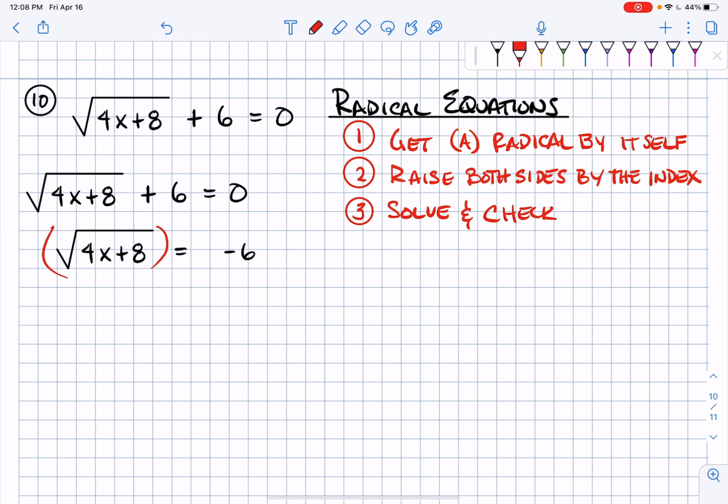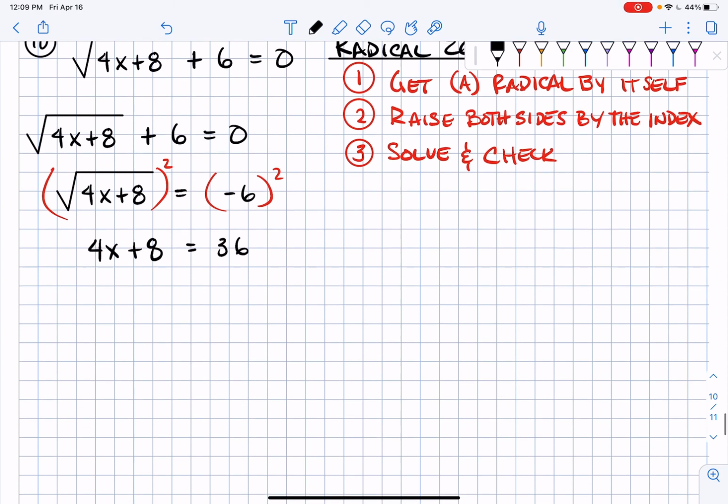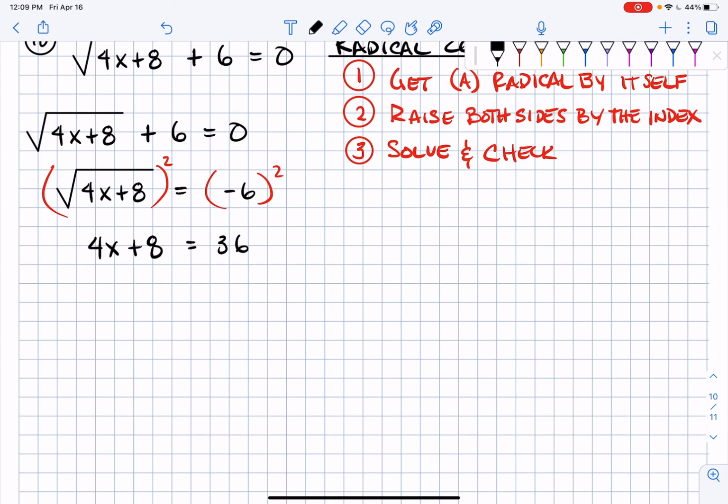To get rid of this radical, I would square both sides. So I get 4x plus 8 is equal to 36, because the square root and the square are opposite operations, so they cancel each other out. That's why I only have 4x plus 8 left.